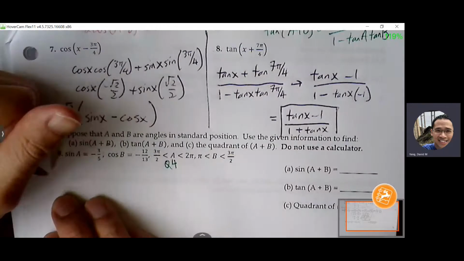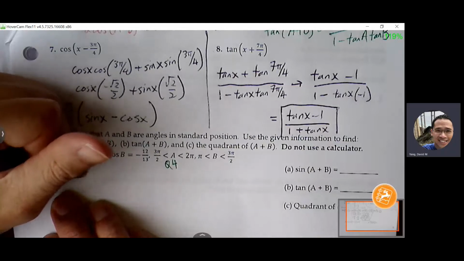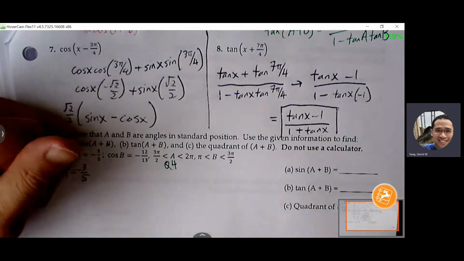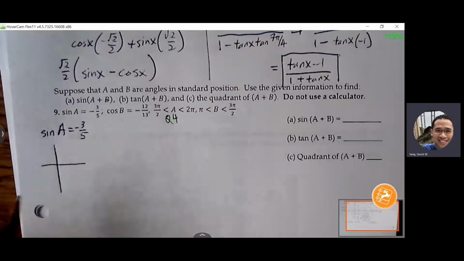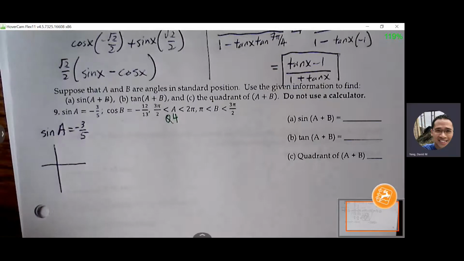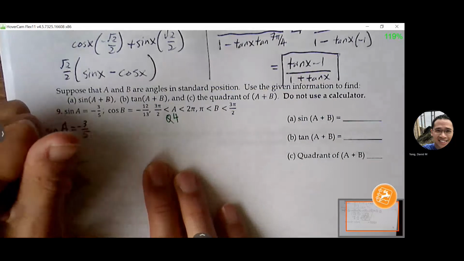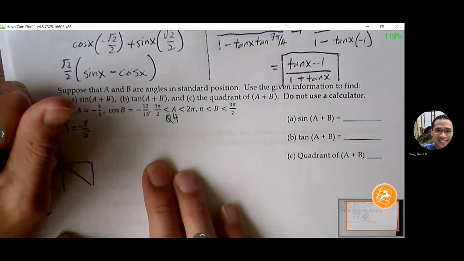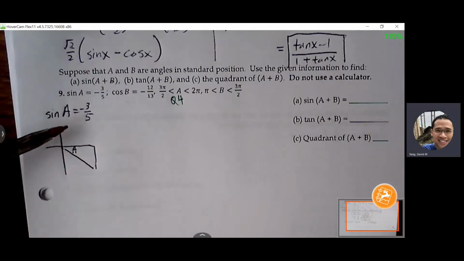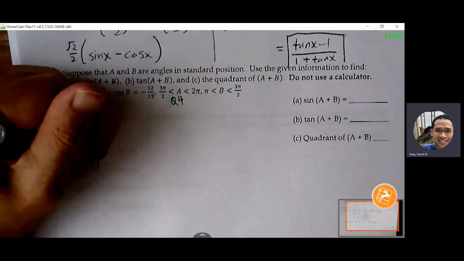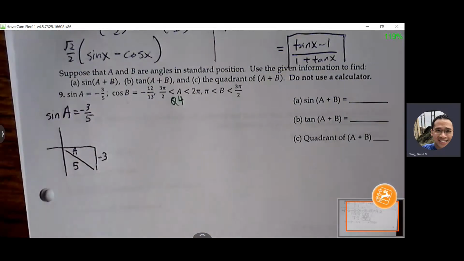Okay, so let's see if we can put that information onto a triangle. Fourth quadrant. Remember, whenever you draw a triangle, always involve the x-axis. Don't ever involve the y-axis. Sine is what? SOHCAHTOA. Opposite over hypotenuse. Make sure that you remember your hypotenuse is always positive.